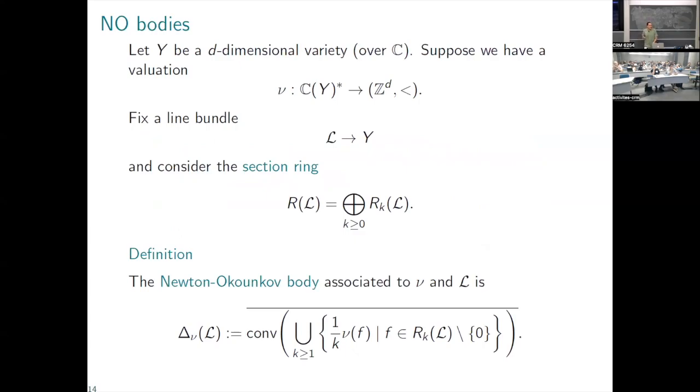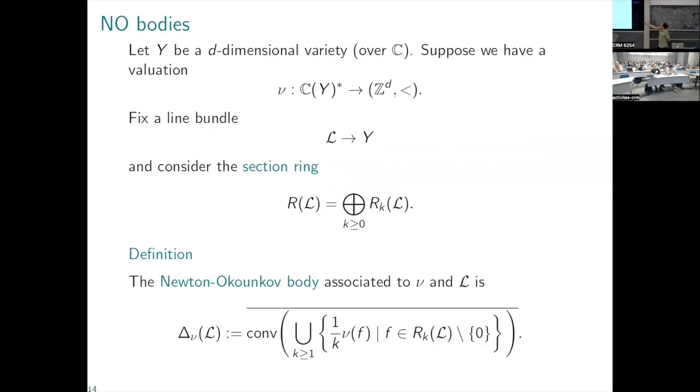Yes. That's going to be an example. Okay, so first of all, what's a Newton-Okounkov body? Given Y, just like the Y's I was discussing before, a d-dimensional variety over C, I can actually work over any other field, but maybe algebraically closed. But I will just focus on C today.